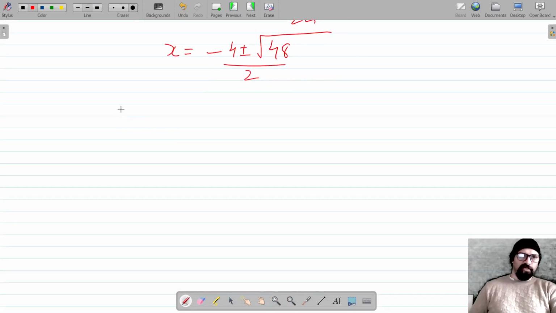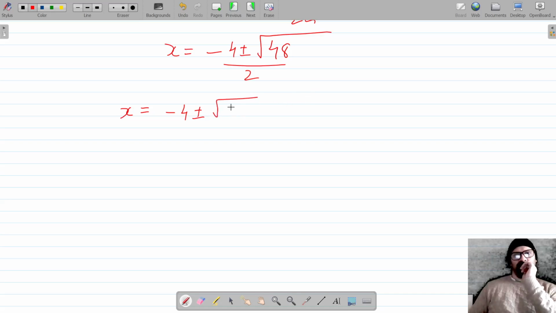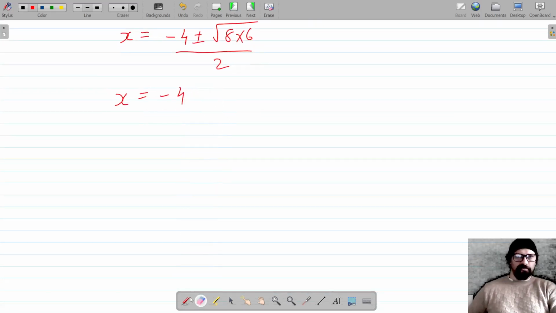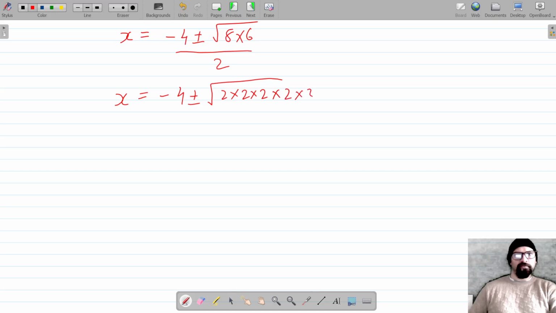So this gives me x is equal to negative 4 plus or minus the square root of 48. 48 is 8 into 6, and the square root of 8 is 2 root 2. So I can write it as minus 4 plus or minus, and 8 is 2 into 2 into 2 into 3, divided by 2.